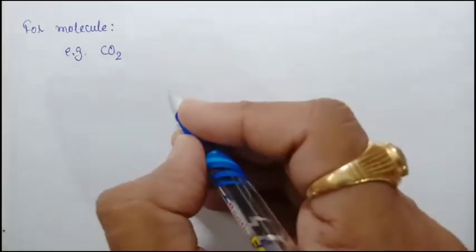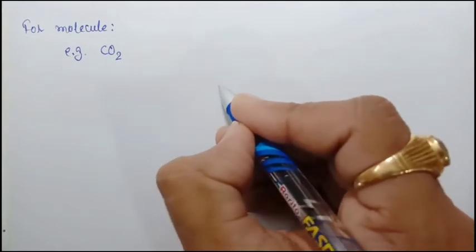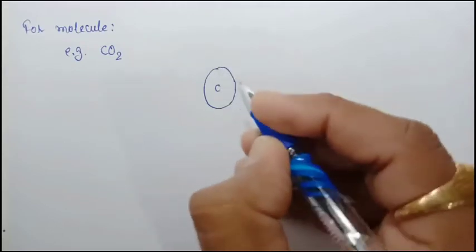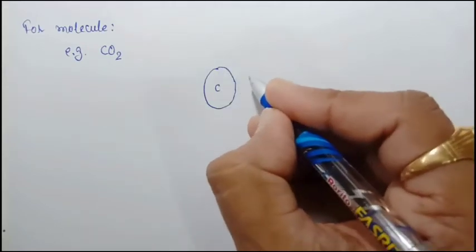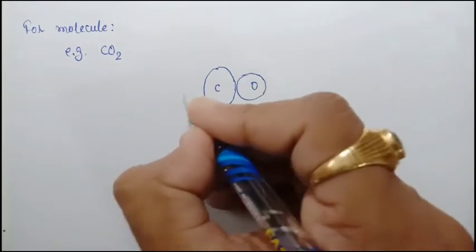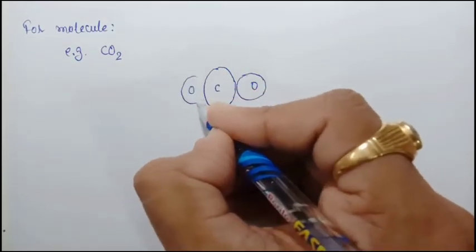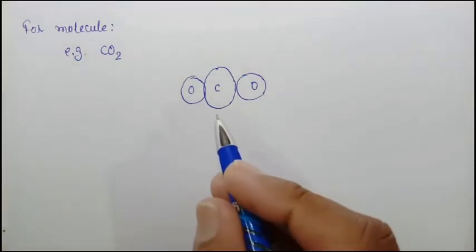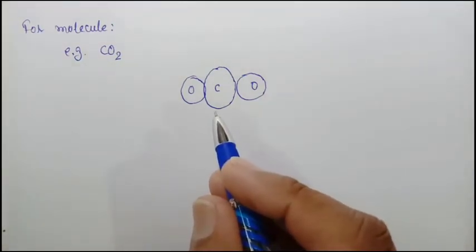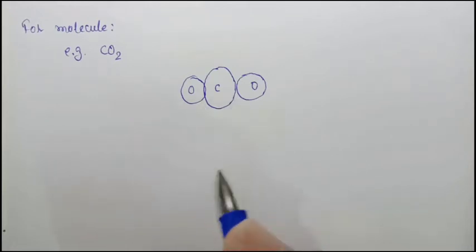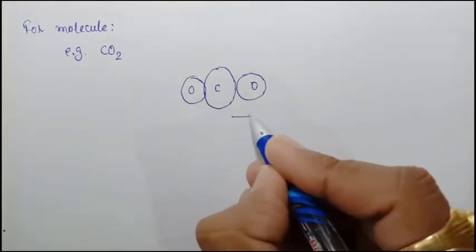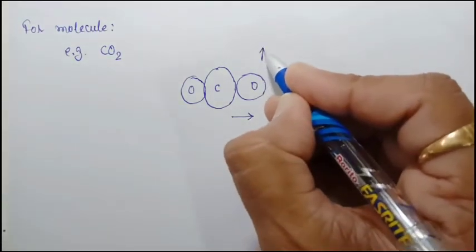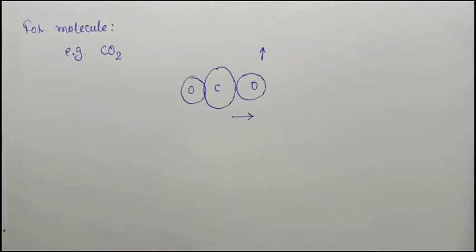Here we have a carbon, here an oxygen, and also here an oxygen. Now when we apply the electric field, we have two components: one parallel to the electric field and second perpendicular to the electric field.